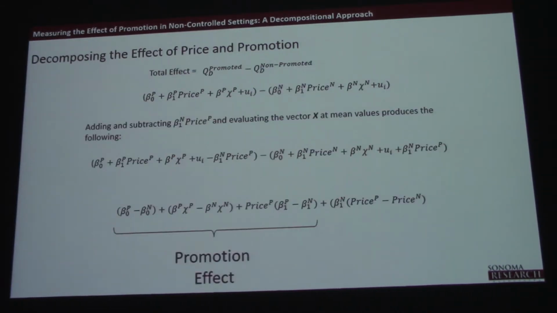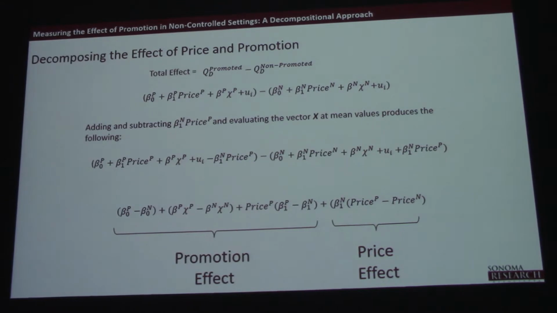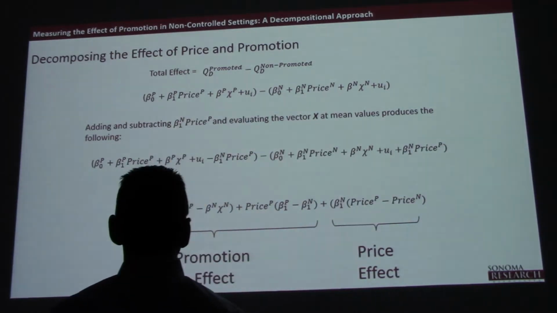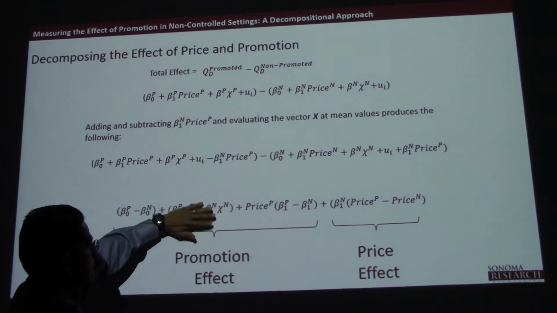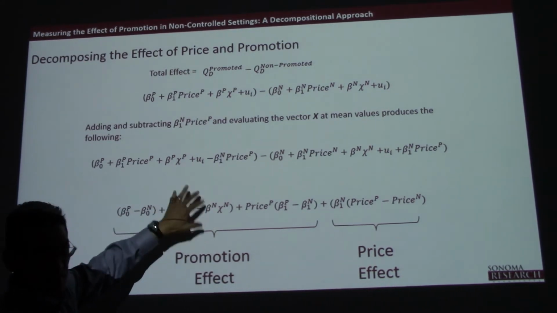Let's get back to here. So wait, which one is the slope, the beta p xp minus beta n xn, or is it the total beta 0p minus beta 0n plus beta p xp? So ignore these for a minute because these are those other factors like months and all that stuff.